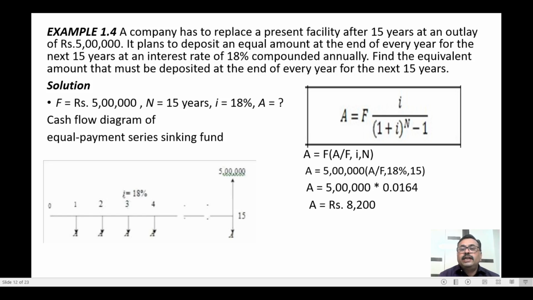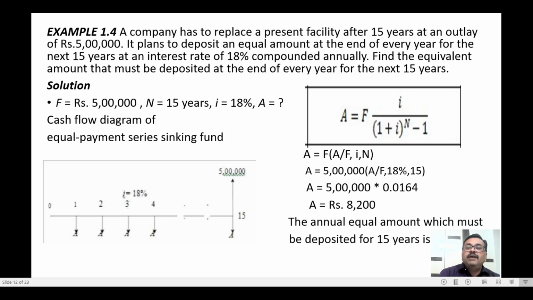The value that you get from the table is 0.0164 multiplied by 5 lakhs. The amount that you have to deposit every year is 8,200 rupees has to be invested every year for the next 15 years to get 5 lakh rupees.